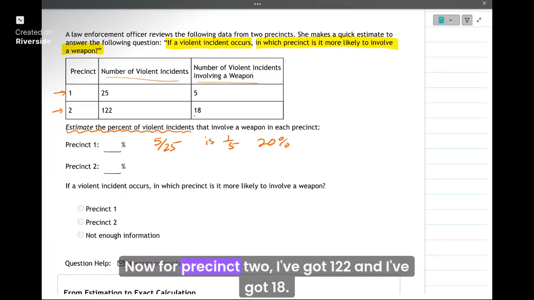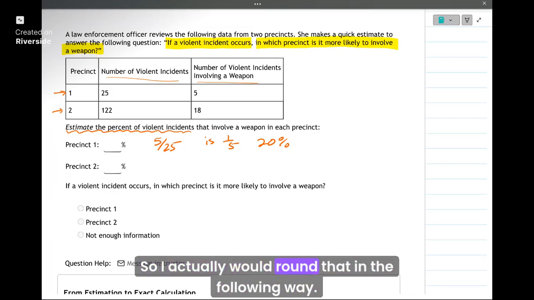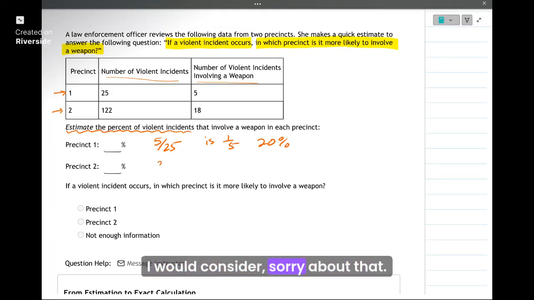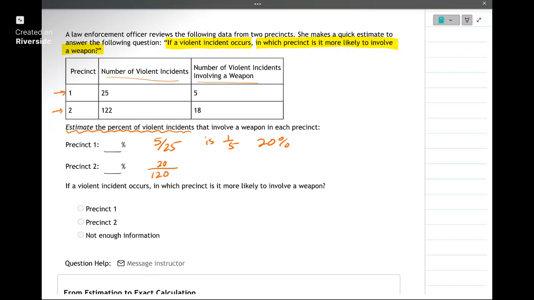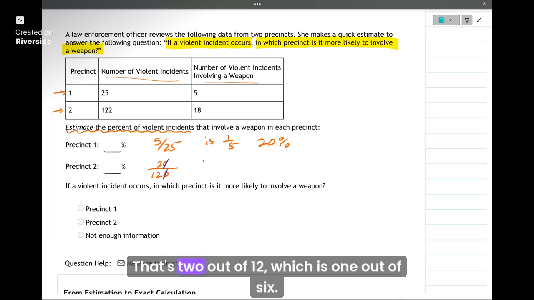Now for precinct 2, I've got 122 and I've got 18. So I actually would round that in the following way. I would consider 20 out of 120. Cross out those zeros. That's 2 out of 12, which is 1 out of 6.